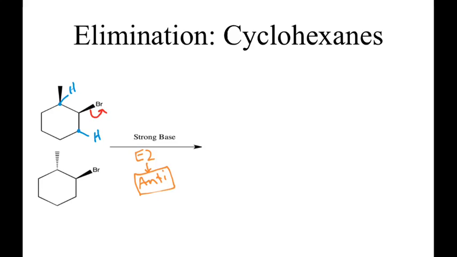We'd say, which of those would generate the most stable double bond? Zaitsev's rule, right? Well, if I eliminate the top one, I form the double bond to get a tertiary or tri-substituted double bond. Versus if we did the green hydrogen, what would we end up getting? We'd get the di-substituted double bond.